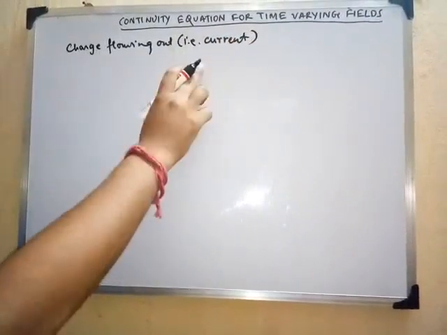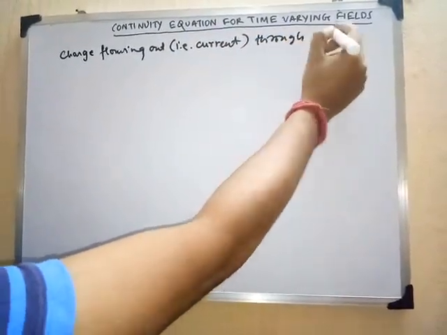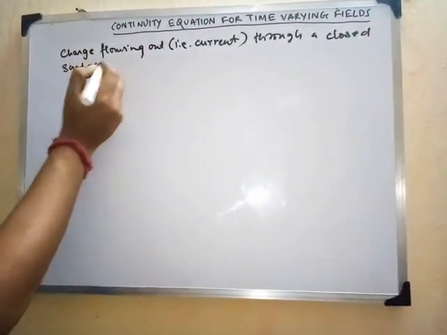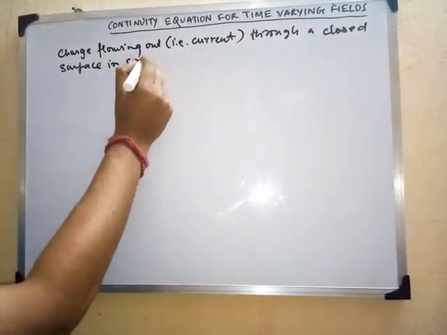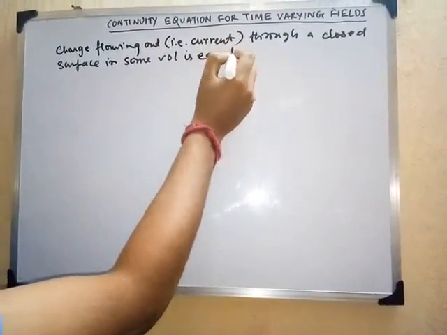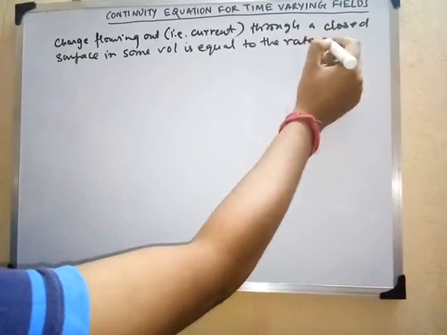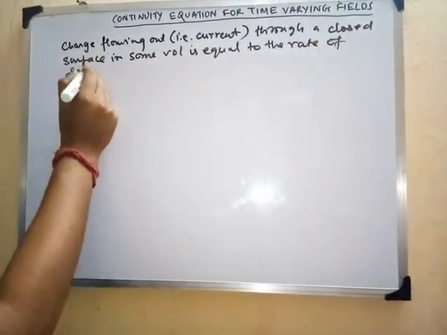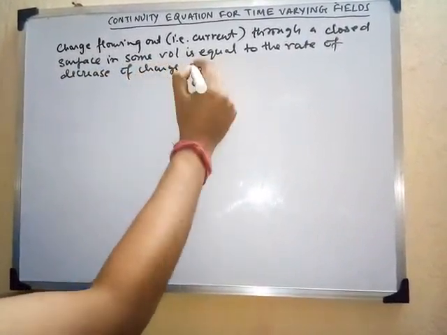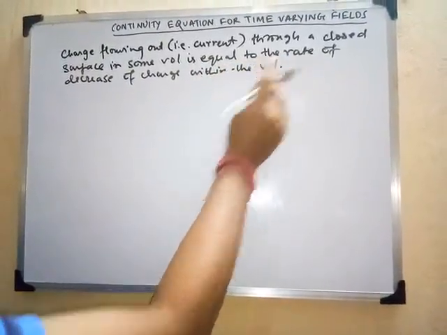So charge flowing out through a closed surface in some volume is equal to the rate of decrease of charge within the volume. So this is a simple case.